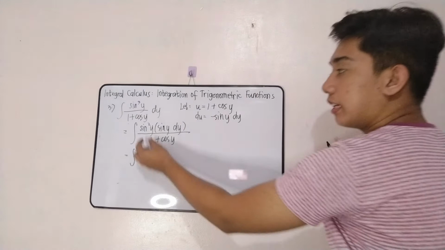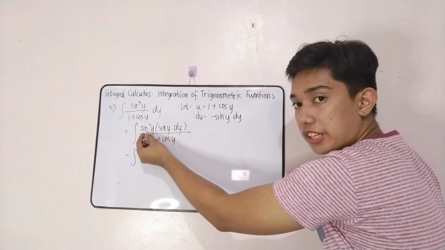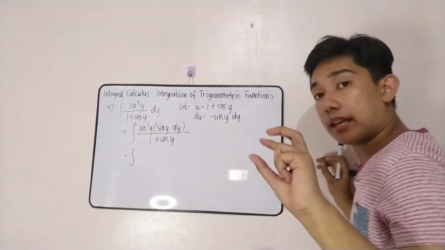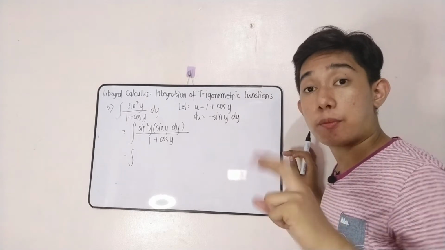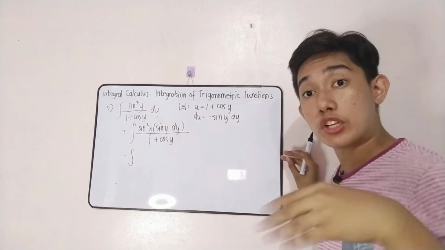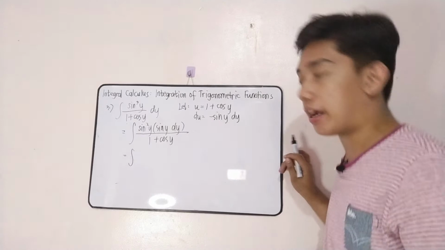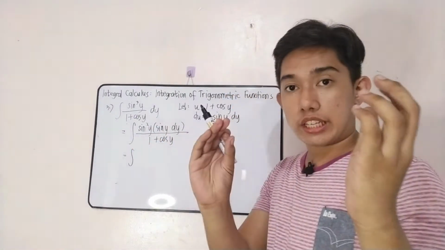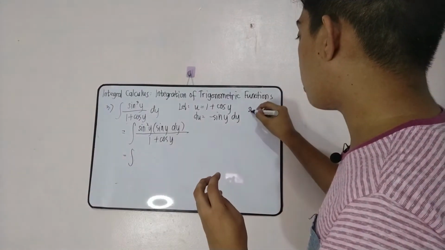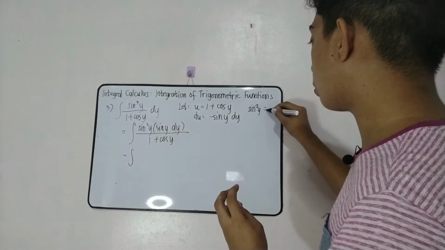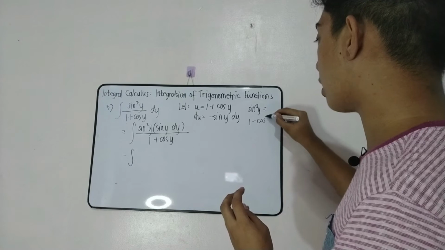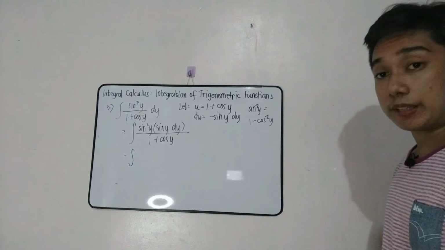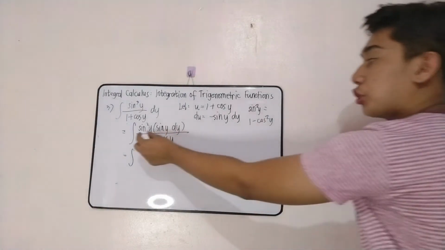Remember that this sine squared y has an equivalent Pythagorean identity. You recall in your basic trigo, or your pre-calculus. So, kailangan natin yun gamitin. Sine squared y is just equal to 1 minus cosine squared y. So, we will substitute it here.